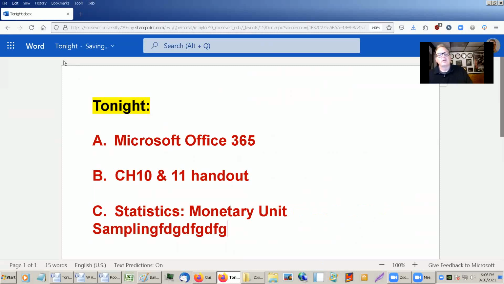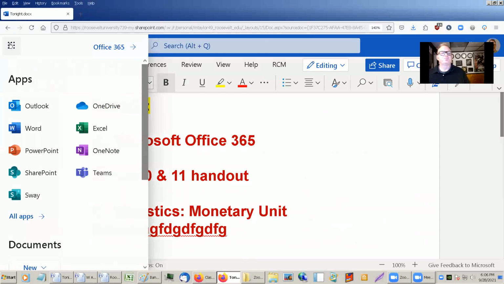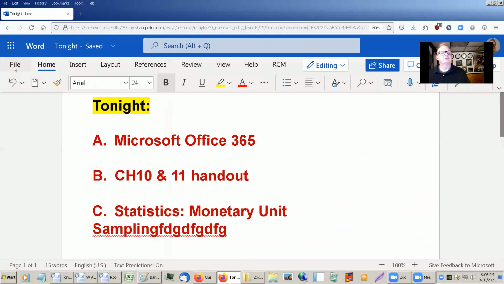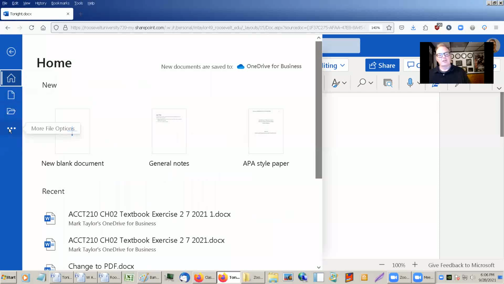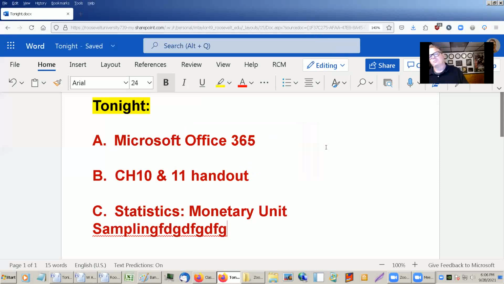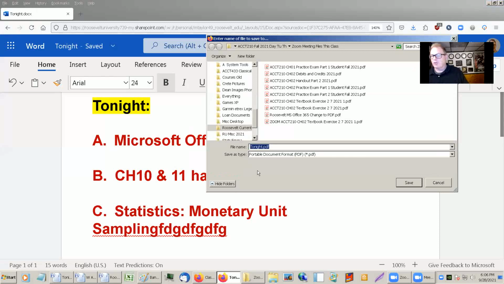Now if I want to save it, it's a little bit kooky, but if you go to more options, it's got all the main stuff here: New, Open, and then more options. And I can do Save As, and I can save it as a PDF file, or you can save it as just a plain Word file and submit it that way too.